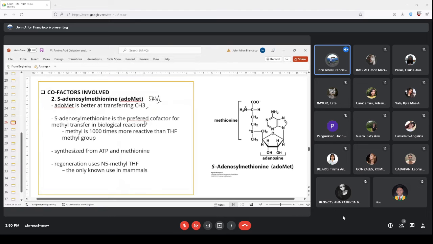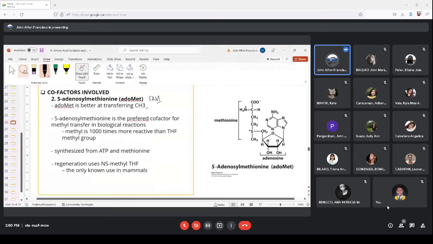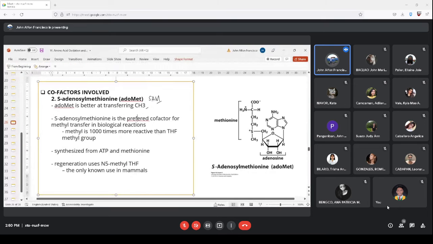S-adenosylmethionine is the preferred cofactor for methyl transfer in biological reactions. Methyl is 1,000 times more reactive than CH2.